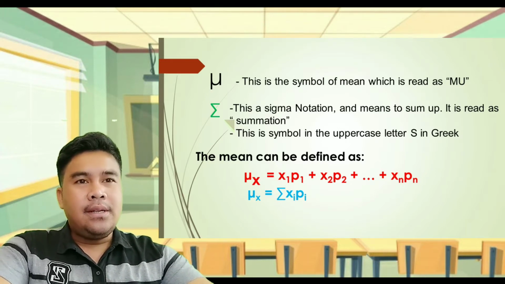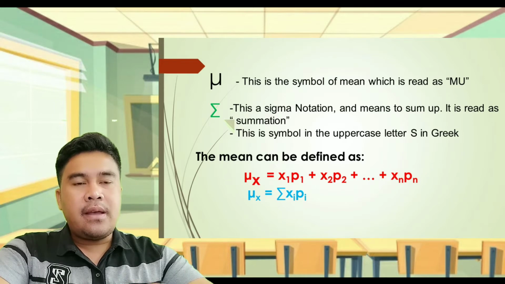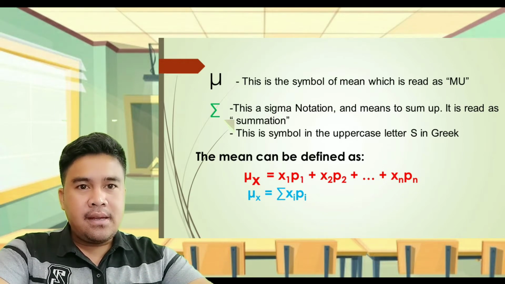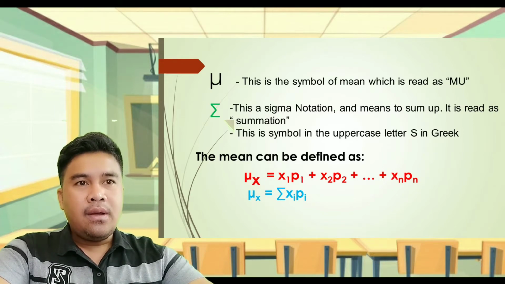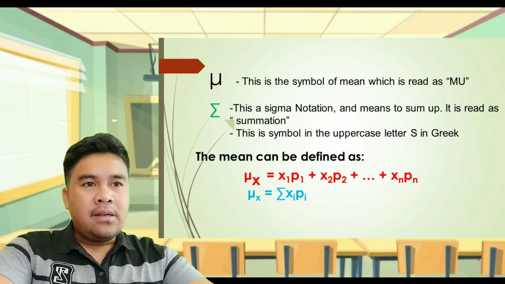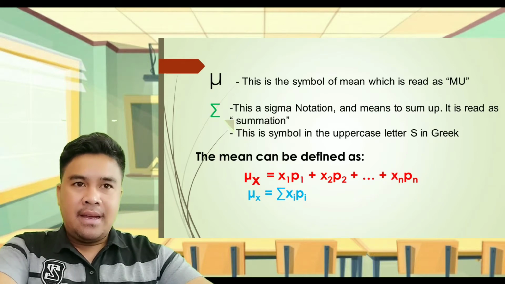The mean can be defined as mu sub x equals x sub 1 times p sub 1 plus x sub 2 times p sub 2, and so on until x sub n times p sub n.